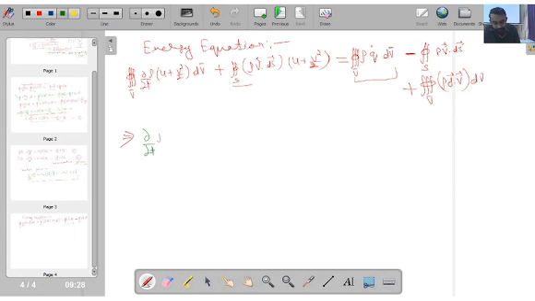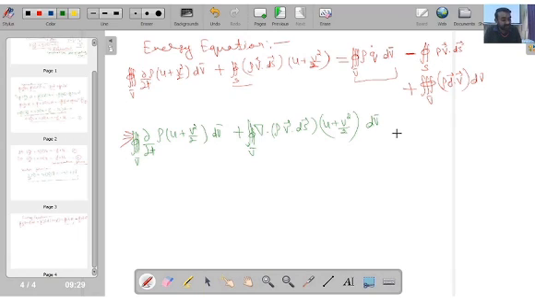So del by del t of rho times (u plus v square by 2) dV, this is a volumetric integral, plus the surface term will become the divergence of rho v vector times (u plus v square by 2) with a volumetric integral dV.